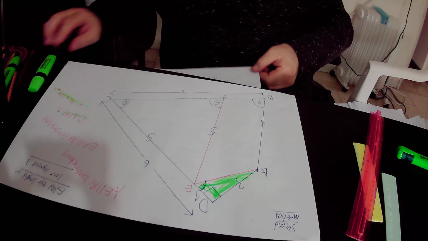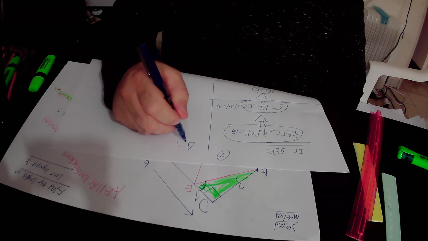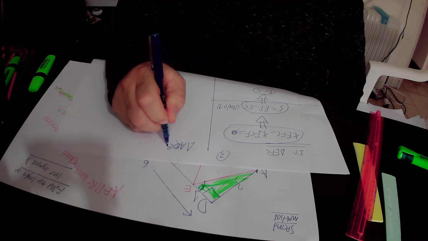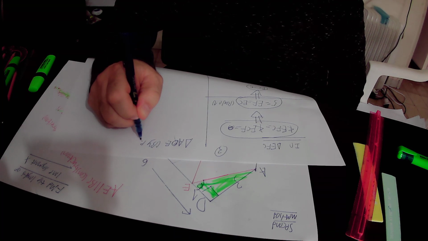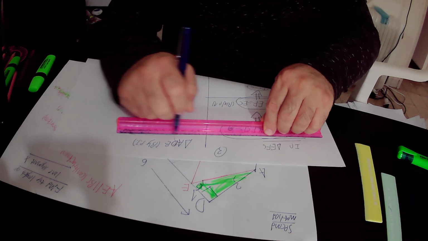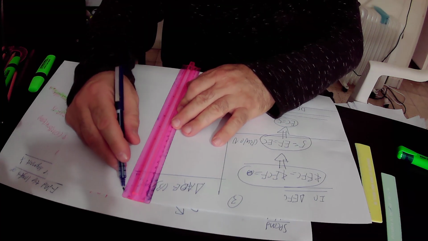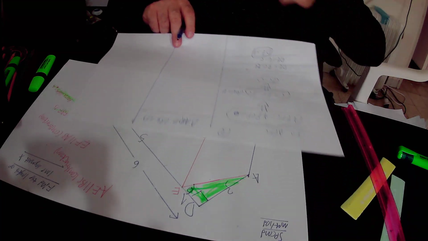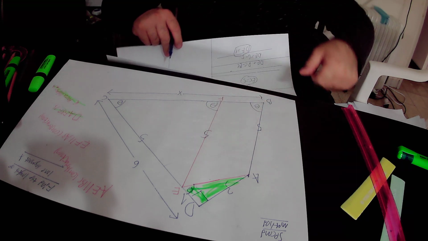So in the right green triangle, triangle ADE, according to the Pythagoras theorem, the square of the hypotenuse equals the sum of the squares of the perpendiculars. PT is an abbreviation for Pythagoras theorem. The square of the hypotenuse is AE squared.